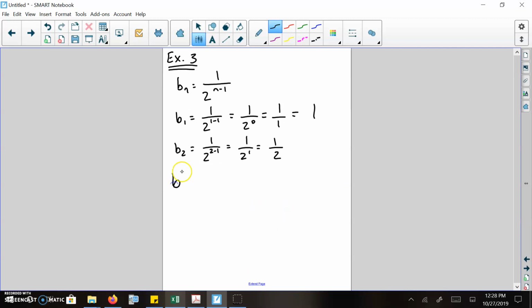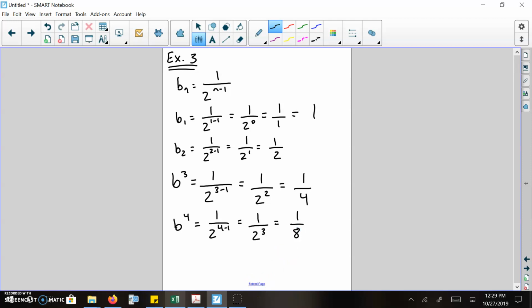Okay, let's try b sub 3, and then let's see if we can see a pattern. Okay, 2 to the 3 minus 1. This becomes 2 squared, which is going to give me 1/4. Okay, maybe let's see if we can do one more here, and then we'll check a pattern. Right, 1 over 2 to the 4 minus 1 gives me 1 over 2 cubed, which is 1 over 8.